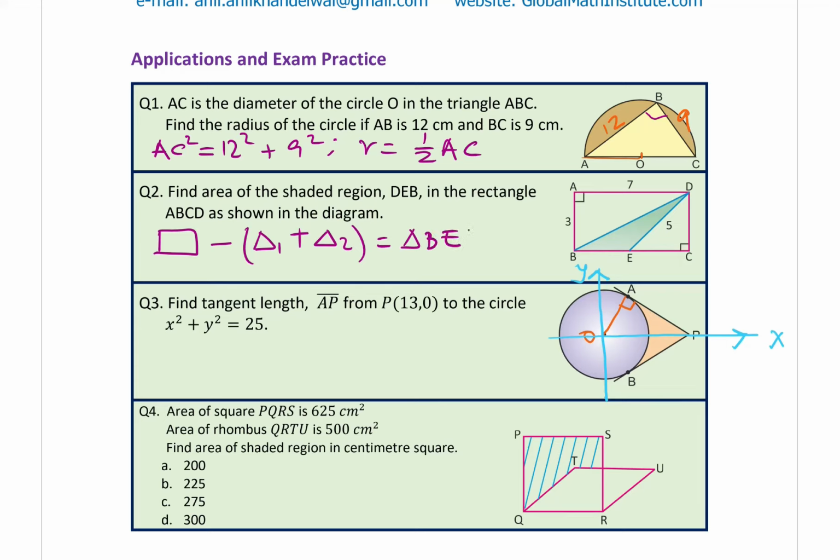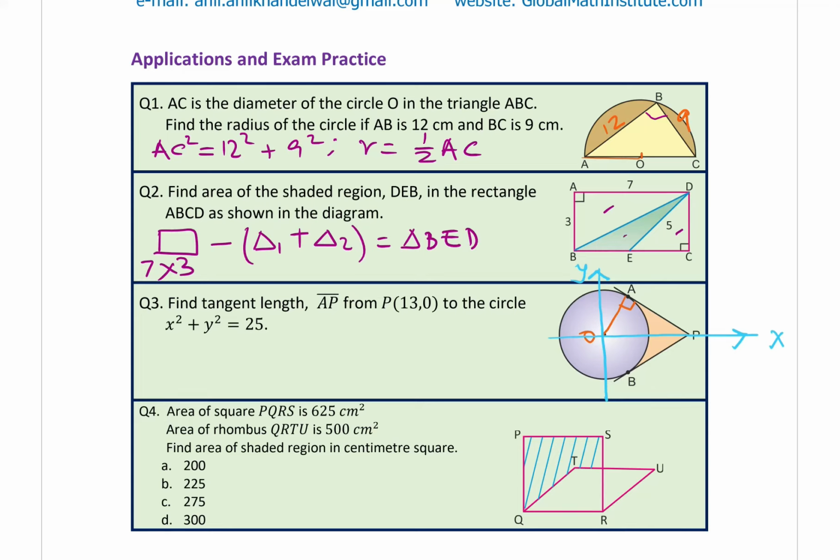Does that make sense to you, right? We know the full area is 7 times 3, which is 21. And from this area, we have to take away these 2 areas. And then you're left with the area of DB.